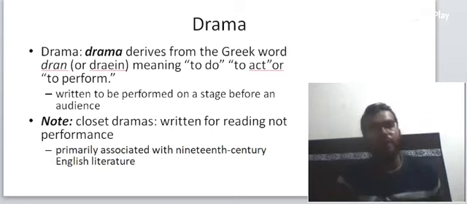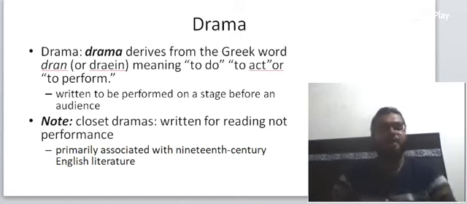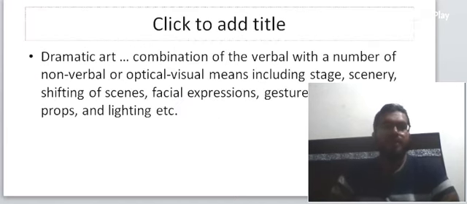But there is one type of drama that is called closet drama. It is written for reading, not performance. And this closet drama is primarily associated with 19th century English literature. Now, another thing that you must understand about drama is that dramatic art, drama is combination of the verbal.